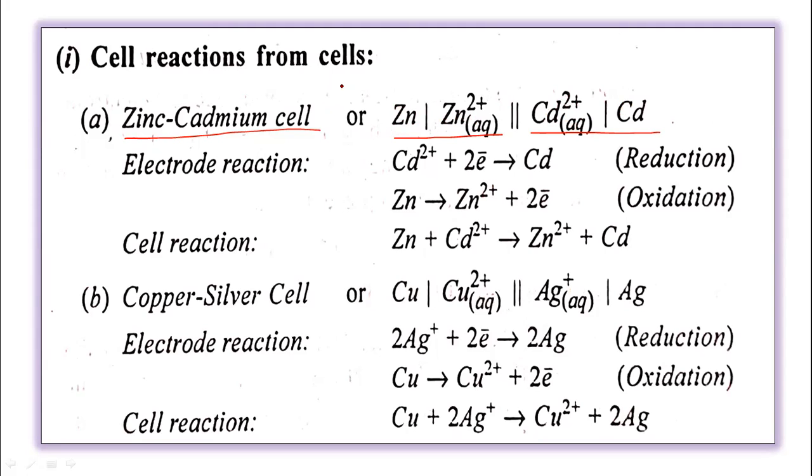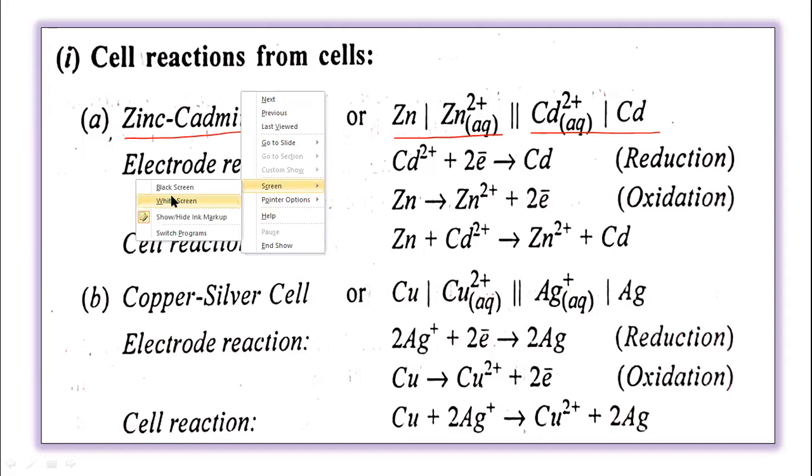According to the electrochemical convention, we know that at the zinc electrode oxidation takes place. So you can see here, we can represent the cell: zinc in contact with zinc dipositive ion, aqueous solution, and cadmium in contact with cadmium ion, aqueous solution.